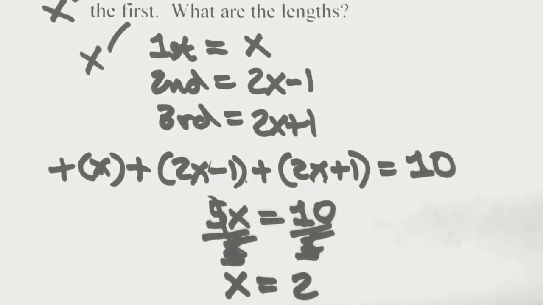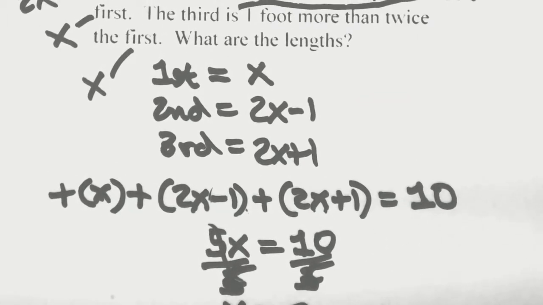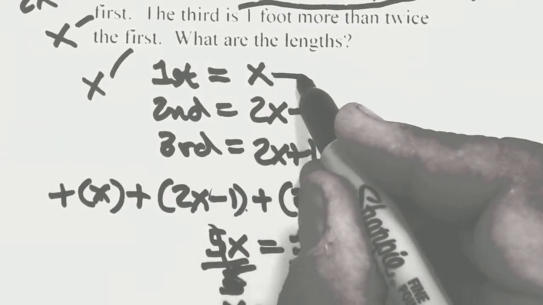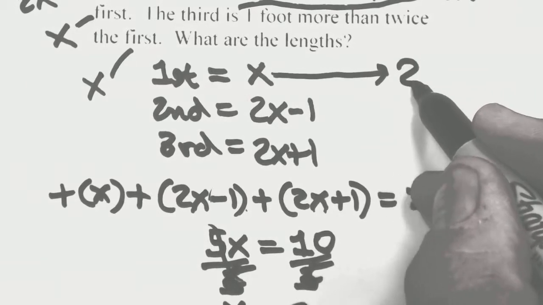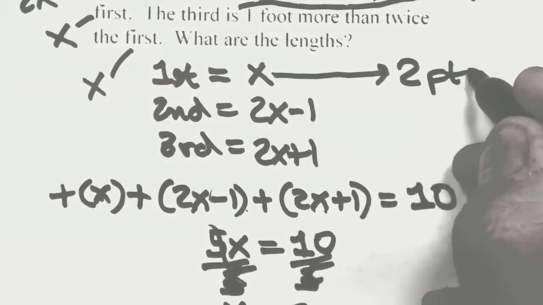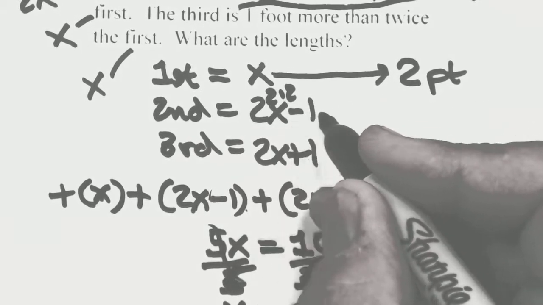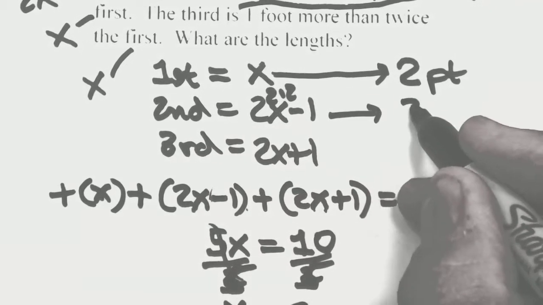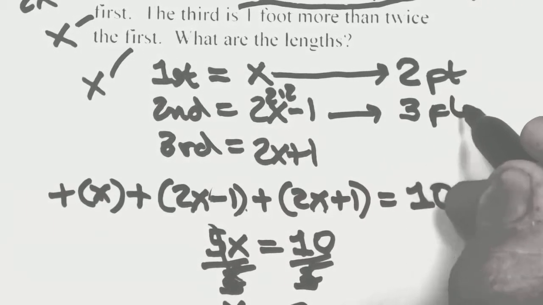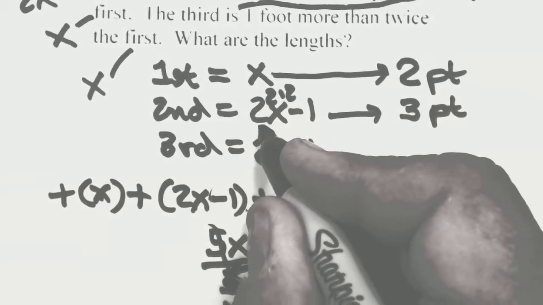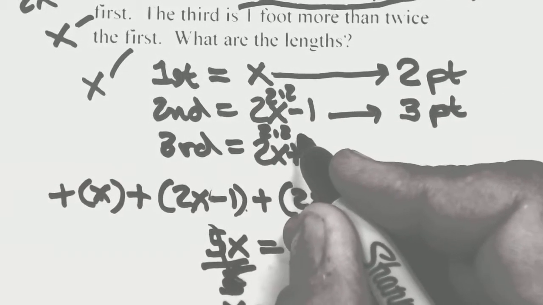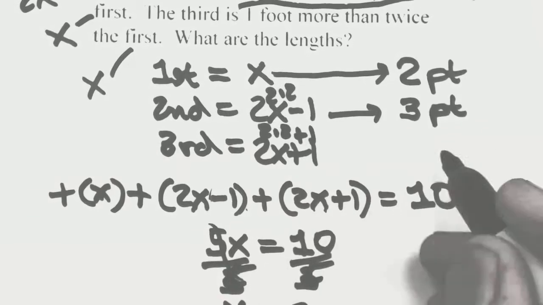So let's see if this is correct here. Okay, here we go. X, if it's just 2, means this is 2, and it's in feet. This one's going to be 2 times 2, which is 4, minus 1, which is going to give me 3 feet. And this third piece is going to be 2 times 2, which is 4, plus 1, which gives me 5 feet.